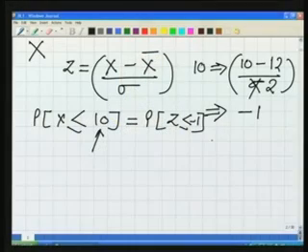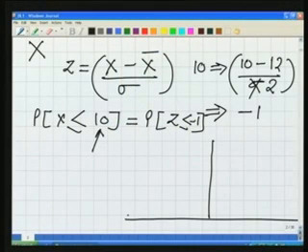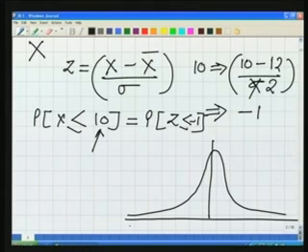If I draw my standard normal curve, this is how it will be, from minus infinite to plus infinite. The mean here is 0, and the standard deviation is minus 1 and plus 1 here.